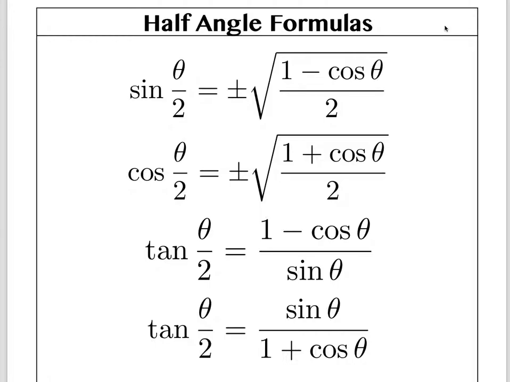And after we get through all of the identities, we've got one more day of identities, and I will have a sheet that has all of these on there for you to use.